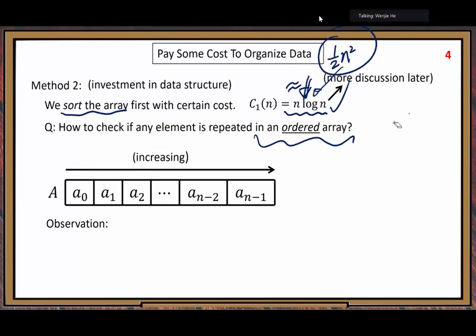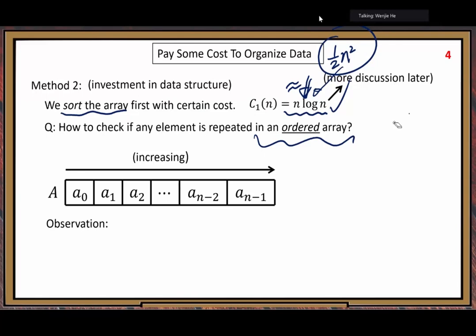But the second method, before the checking, we sort the whole array first, using n log n comparisons. We treat this step as organizing the data before we do our real work.